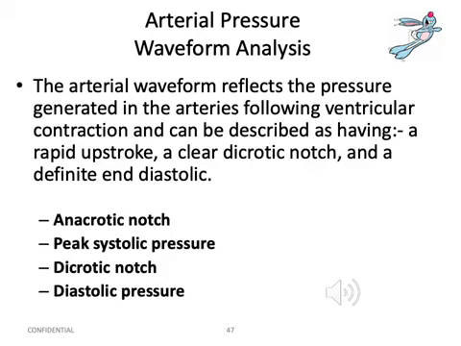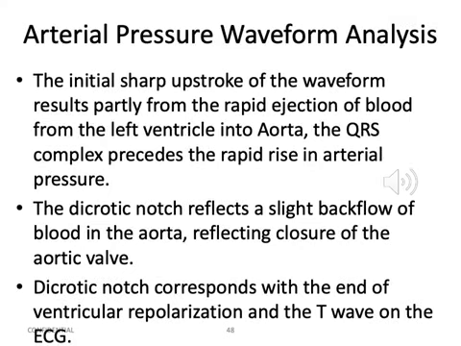Now, the normal arterial waveform usually starts with the contraction of the ventricles, okay. The initial sharp upstroke in the waveform represents the ejection of blood from the ventricle into the aorta.